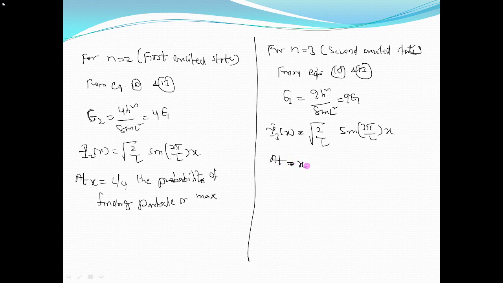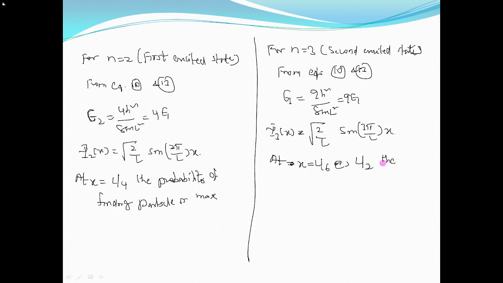At what value of x is the probability of finding the particle maximum? At x is equal to L by 6, or you can write L by 2 also. See here, if I write L by 2 here, I will get 3 pi by 2. 3 pi by 2 means 270 degrees. Sine of 180 plus 90 is again sine 90. So x is equal to L by 6 or L by 2.